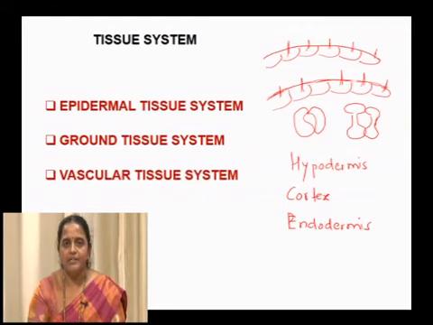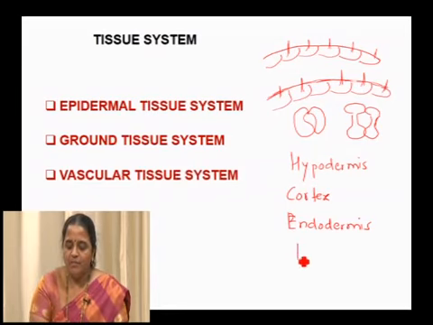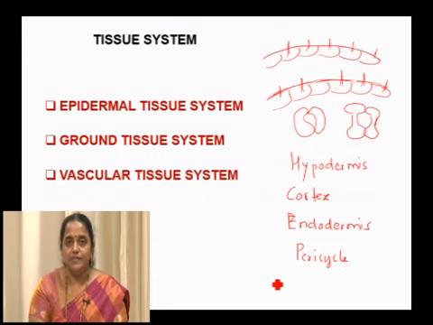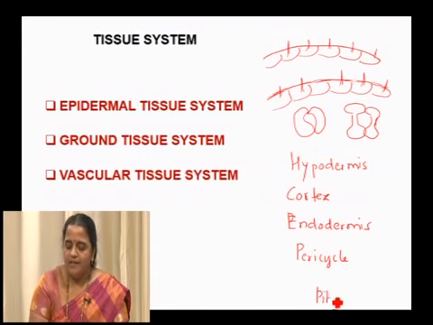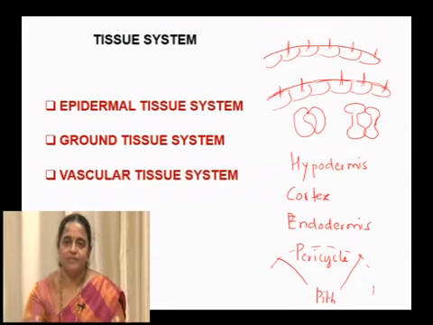Hypodermis, cortex, endodermis, these are peripheral layers below the epidermis. Below the endodermis is the pericycle, and the central axis is the pith, which extends as medullary rays. This portion we call stele, and the stele has a border of pericycle. So, from hypodermis to pith, these all comprise the ground tissue system.